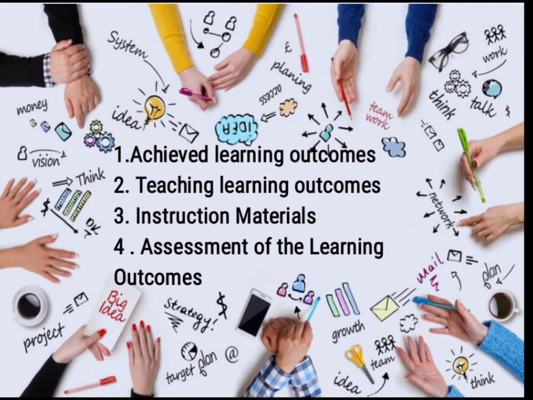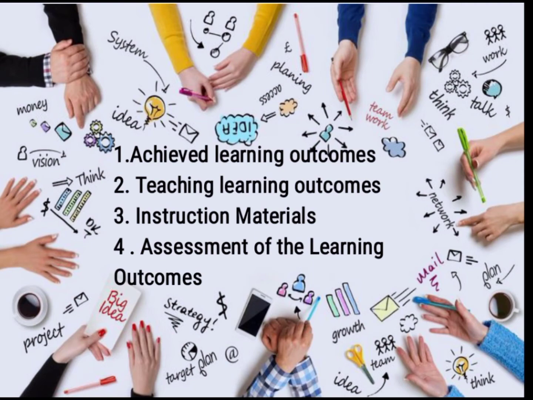The fourth one is assessment of the learning outcome. Curriculum program component evaluation refers directly to the assessment of curriculum content and process as implemented every day, in view of learning outcomes, as either formative or summative.